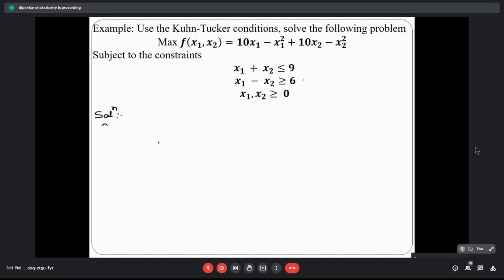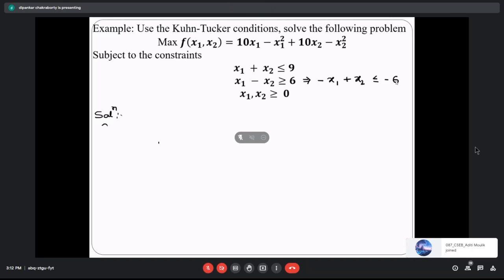So we need to bring that, and to do that I am going to multiply by -1 here. If I multiply by -1, it becomes minus x1 plus x2 less than equal to 6. But you have to mention that.